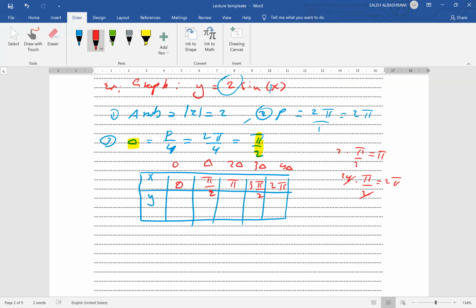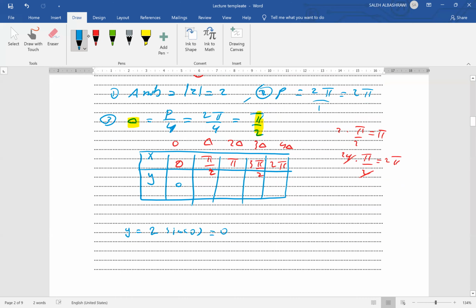Now I need to find the values of y. If x equals 0, y equals 2 sine of 0. Sine of 0 is equal to 0, so this is 0. Second one, y equals 2 sine pi over 2. We know that sine pi over 2 is equal to 1, and 1 times 2 is 2.